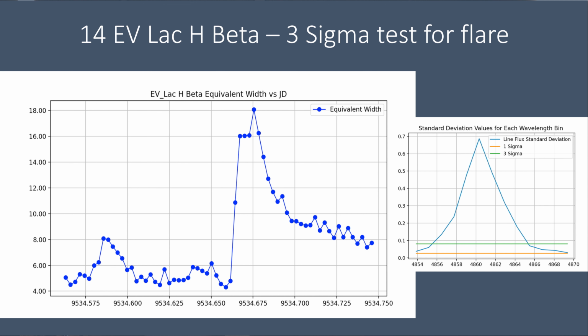SpectraStats, this piece of software that these guys developed over there, calculates statistical data on the processed 1D spectra that is used to provide an initial measure of the statistical significance of any changes in equivalent width over the observing session. Here, the flare is obvious as the standard deviation plot greatly exceeds the 3 sigma threshold level.